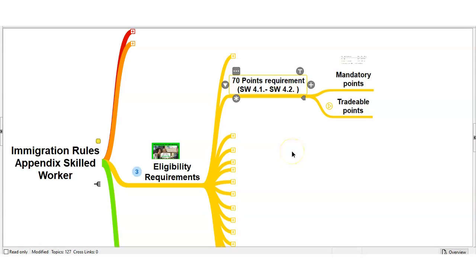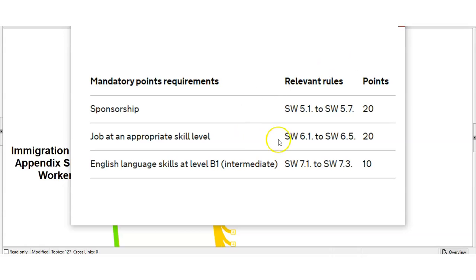Here we have two different types of points. The first ones are mandatory. Mandatory points are where you have no choice but you need to meet them. So there are 50 points which you'll need to score for mandatory provisions.